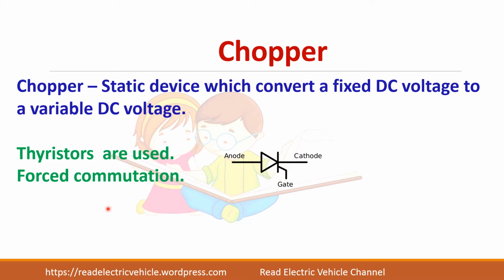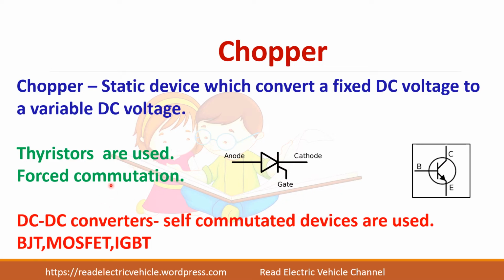So nowadays we are using DC-DC converter where self-commutated devices are used. What is self-commutated devices? Like BJT, MOSFET and IGBT. So if you give a gate pulse, it will get turned on, and if you remove the gate pulse, it will get turned off. So these are called self-commutated devices.